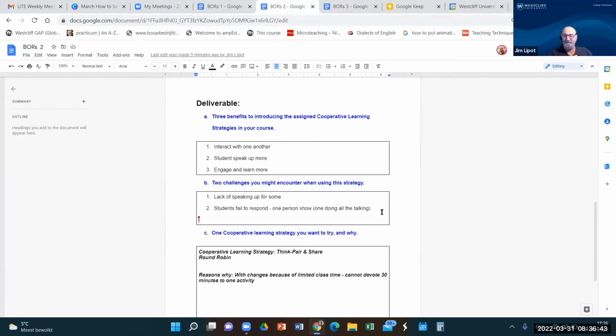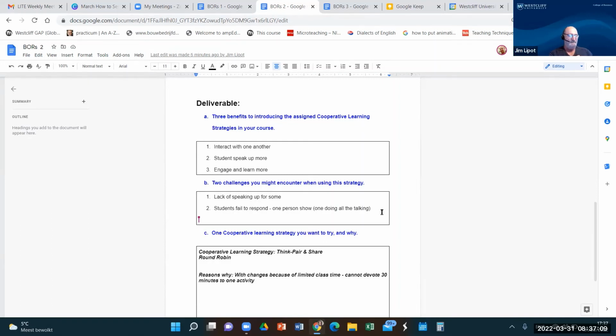So ours, we just put the basics down. Benefits is students learn to interact with each other better. In doing so, they're encouraged to speak up more, and through the process, they will engage and learn more. A couple of the challenges we identified is they kind of look the same, but they are different.